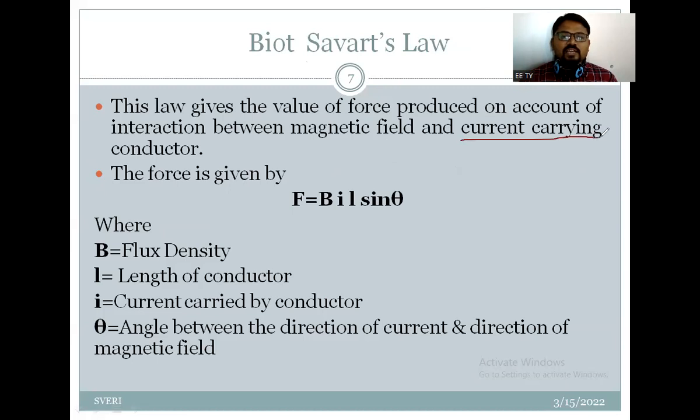The force is given by F equals BIL sine theta. B indicates the flux density, L the length of the conductor, I the current carried by the conductor, and theta the angle between the direction of the current and the direction of the magnetic field. So this is what we have studied.